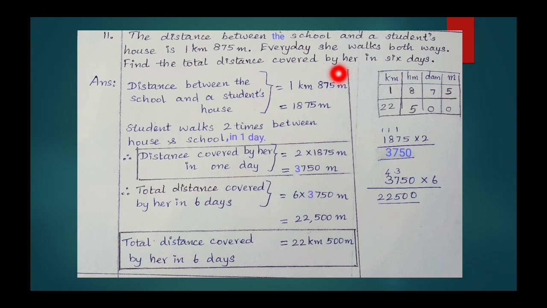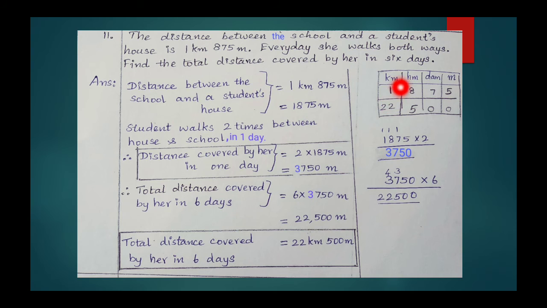For that, let us convert the number with 2 different units into a number with a single unit. See, it is better to convert 1 kilometer and 875 meter into meter, which is the smaller unit. Meter is a smaller unit than kilometer, so we are converting the number into meters.